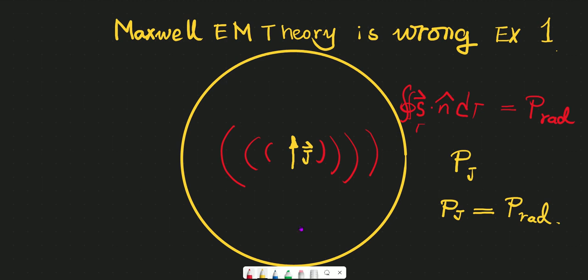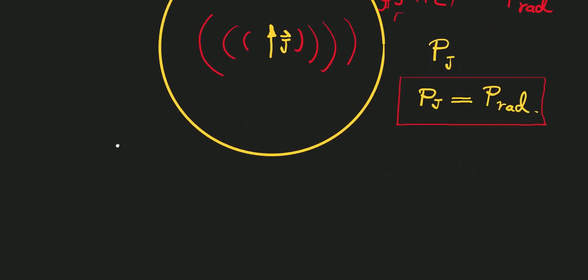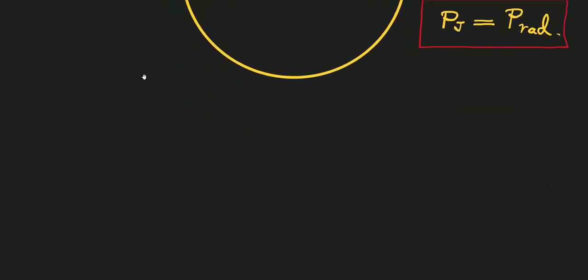This should be the energy conservation law. This energy conservation law can be obtained from Poynting theory, and the Poynting theory can also be obtained from Maxwell theory.